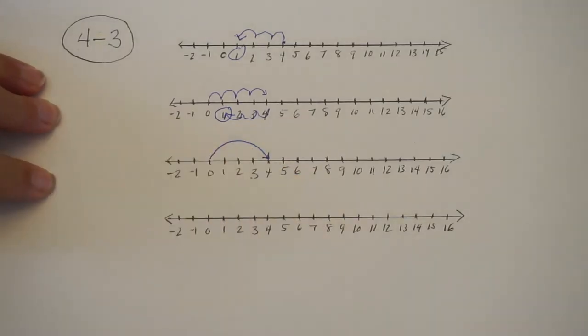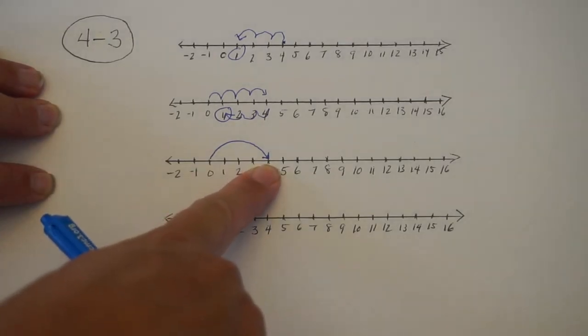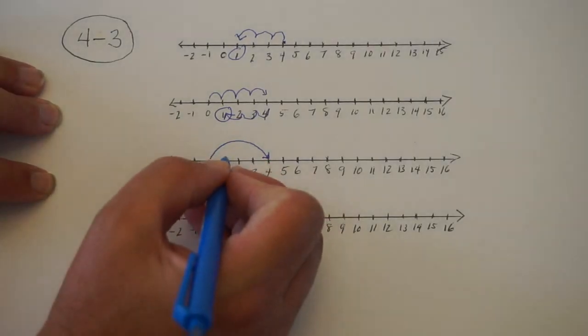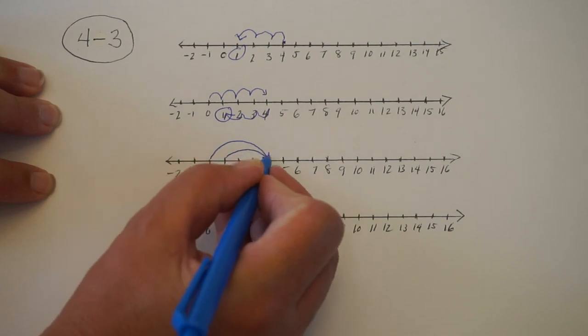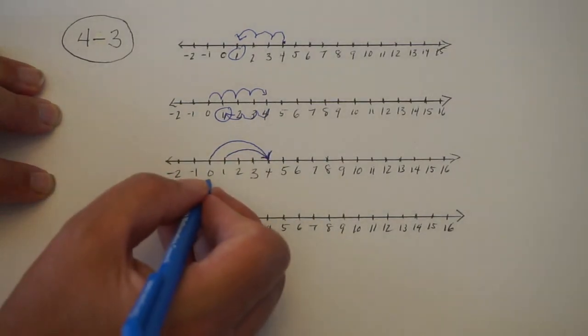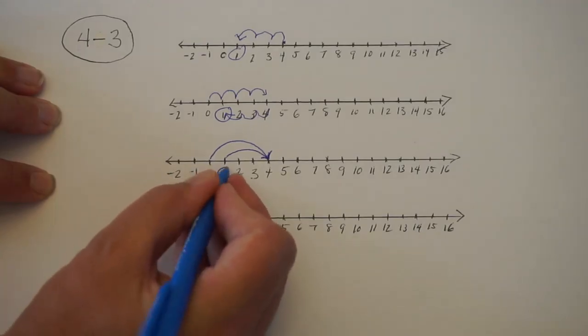Here is 4. That's a positive 4. It's an arrow that covers 4 spaces and it points to the right. Now I need to do takeaway, so I'm going to connect the arrow right here where this other arrow is, and I'm going to make an arc with an arrow on it that's 3 spaces long. Connecting head to head, this is what I get, and if we were to draw a resultant, we would draw a little dotted line to here.